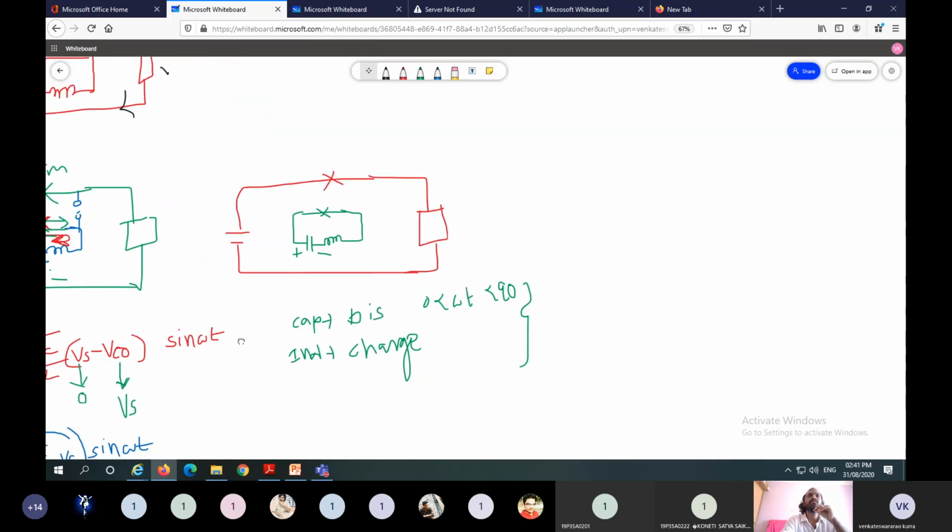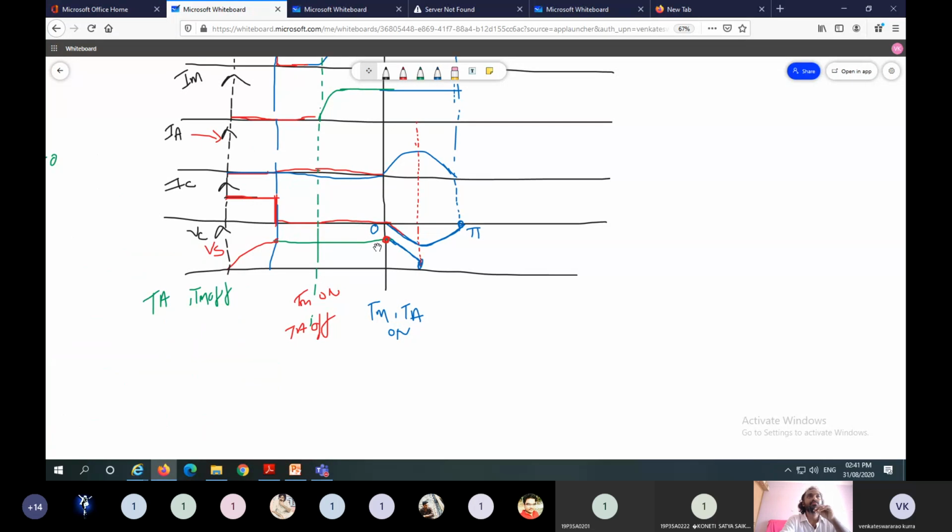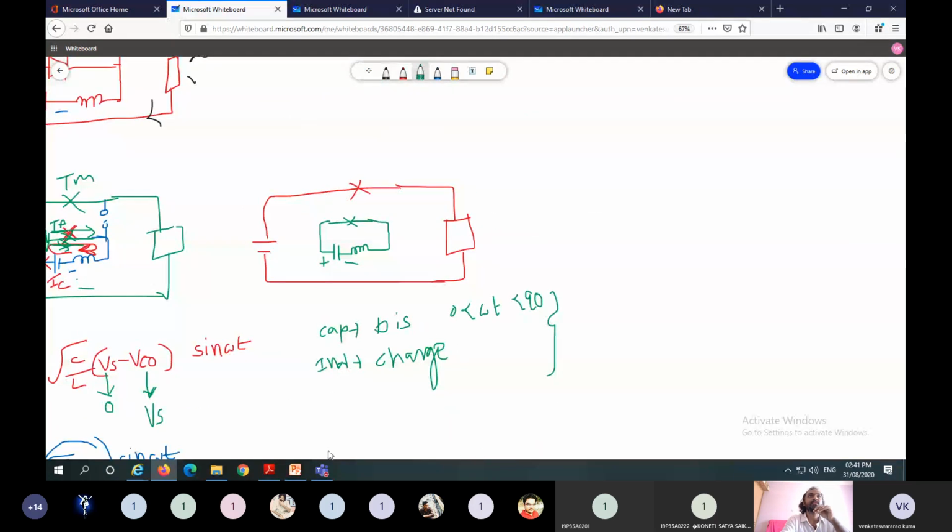Next, the capacitor voltage becomes 0 at 90 degrees. The formula for voltage across a capacitor is VC equals 1 by C integral i dt.